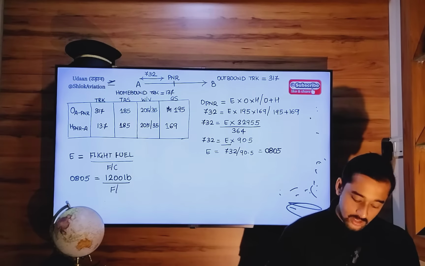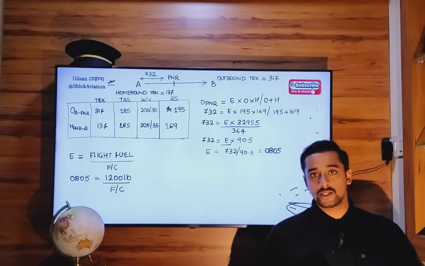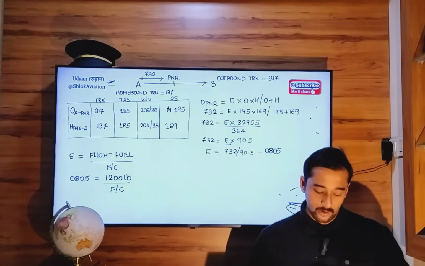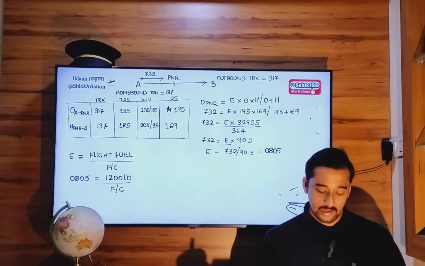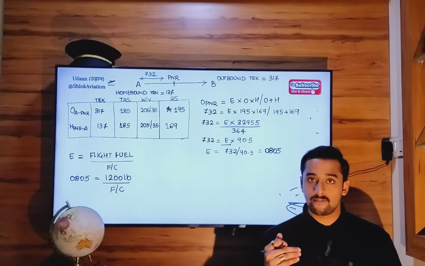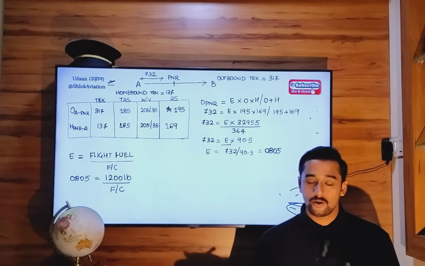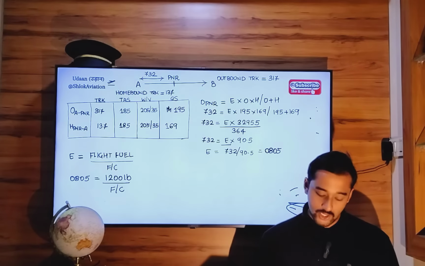So fuel consumption will be how much? The formula for endurance is how much time the fuel in your fuel tanks is going to remain. That is equal to total fuel divided by the consumption rate, the rate at which fuel is going to be consumed.